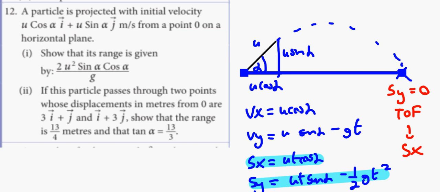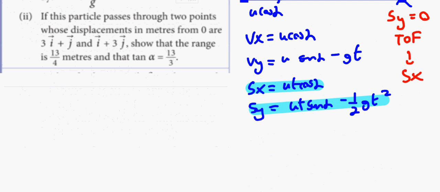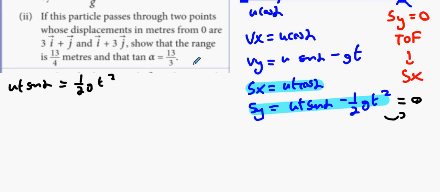Okay. So let's begin. Let's do Sy equals 0. So when Sy equals 0, we have an equals 0 here. Move the gt squared out the other side, so we're going to get ut sine alpha equals half gt squared. Do you know when you cross off the t values?